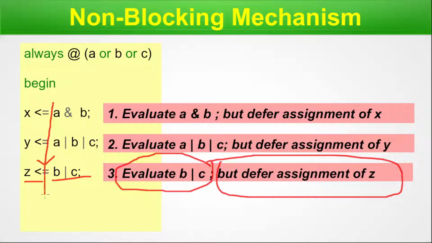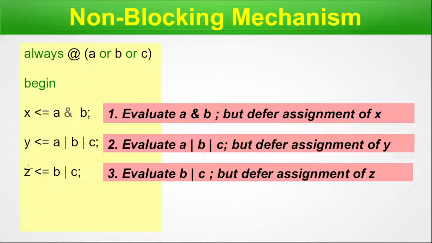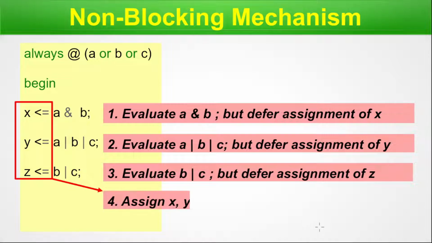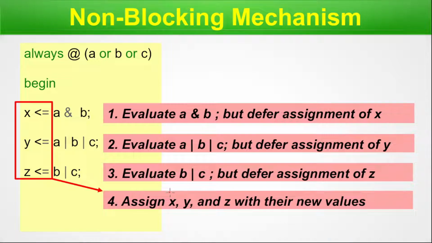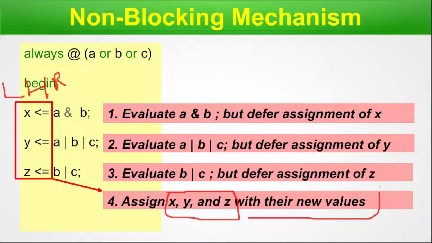That means these three are evaluated but halting at this boundary. Now we have exhausted all the equations and the non-blocking assignments. At this point, all of these will be assigned in one go, so the LHS will be assigned in one go with the new values from the RHS.